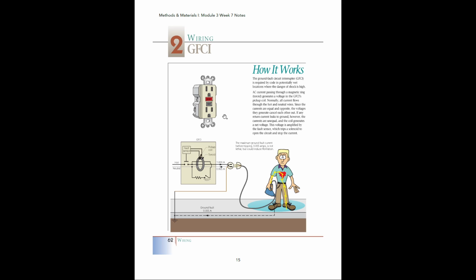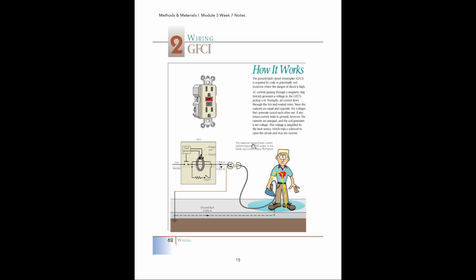But if you think back to the main electrical panel and how we have a series of breakers that will trip if there is an electrical overload running through the system, these have a breaker inside of them that will detect if there is a grounding issue.